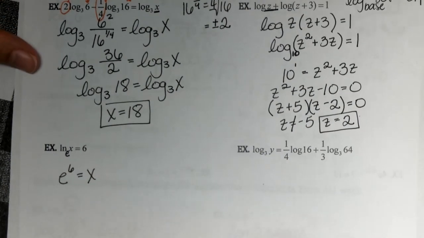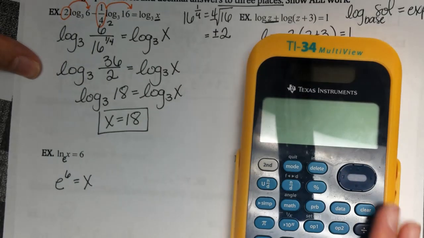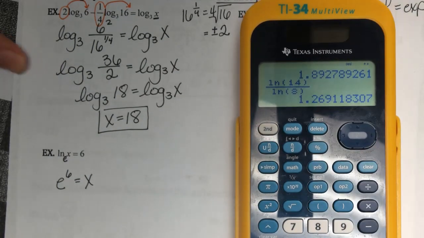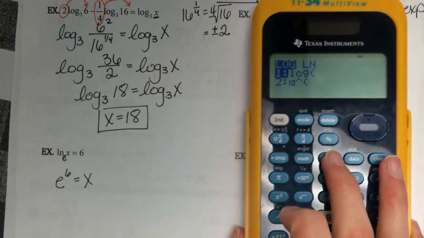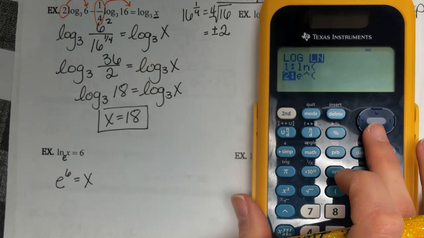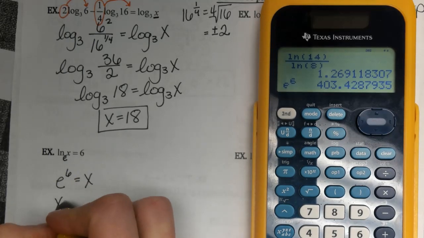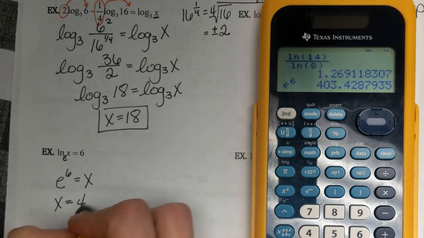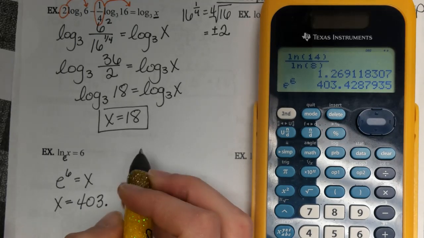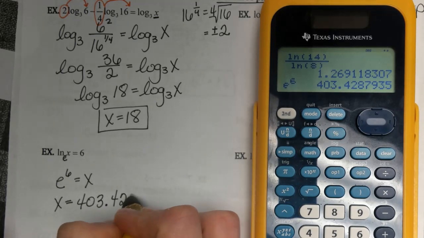Okay? So you can type that, do your second log, go over to natural log, and then there's your e to the 6th. So x is equal to 403.429.